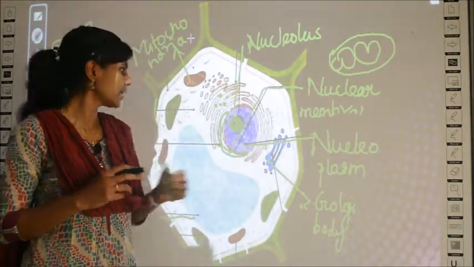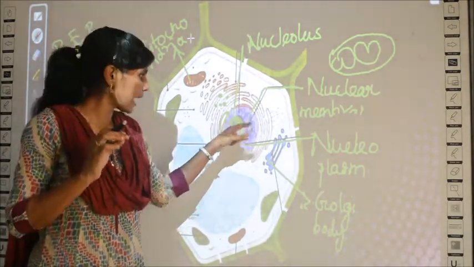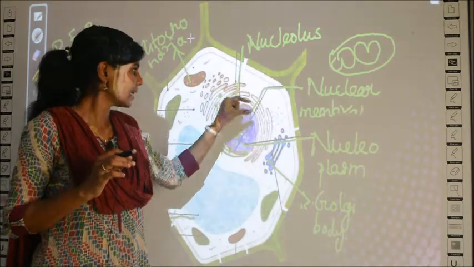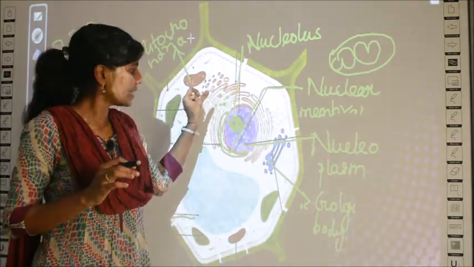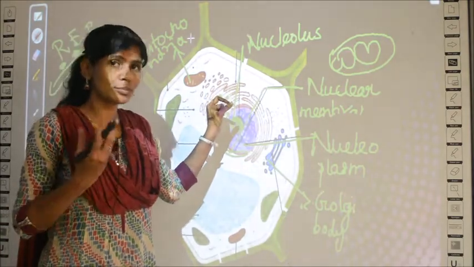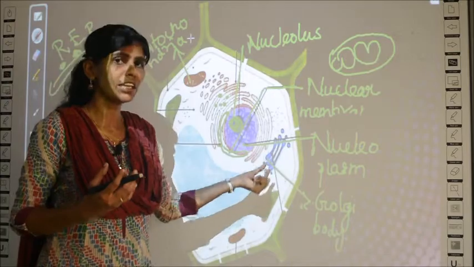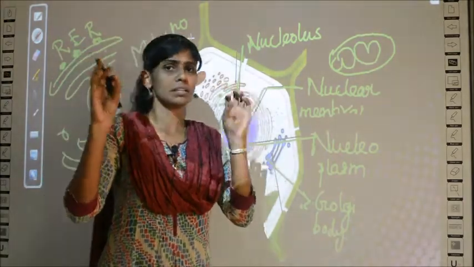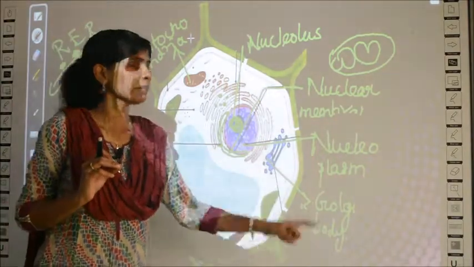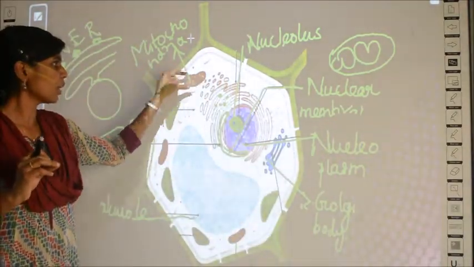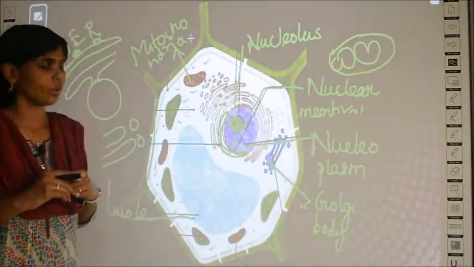Okay. So, what have we learnt? Nucleolus, nuclear membrane, nucleoplasm inside the nucleus, then immediately surrounding the nucleus endoplasmic reticulum, which may be smooth or rough, and a little away from the nucleus you have again tubes and circles at both the sides, that is called Golgi body, and then you have a small structure like this, called mitochondria.